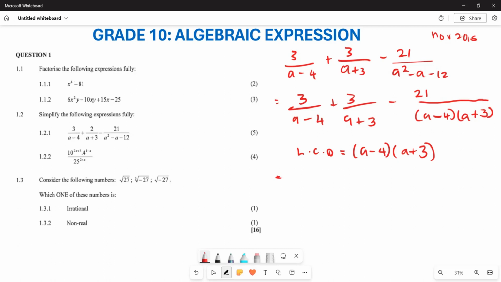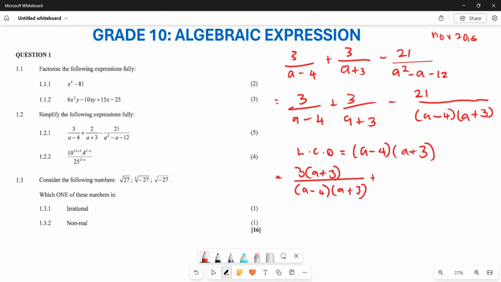All right, they're not going to cancel rather, but you're going to multiply with a plus 3 because a plus 3 is the only denominator that you do not have here. So you multiply your numerator by a plus 3. In your denominator you are going to have a subtract 4 and a plus 3 that you've multiplied with, right? So that's going to be the first one.